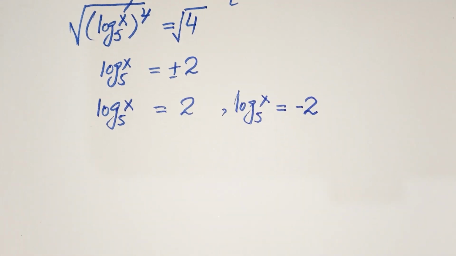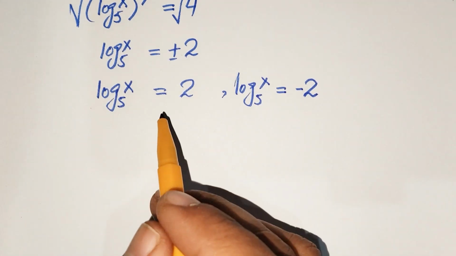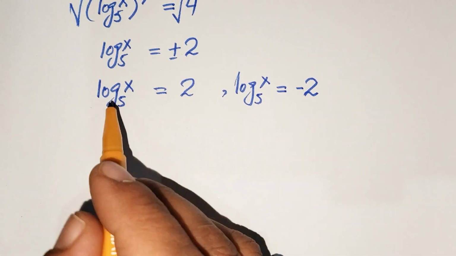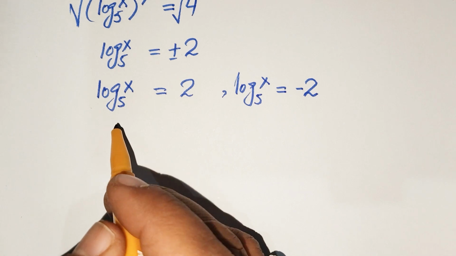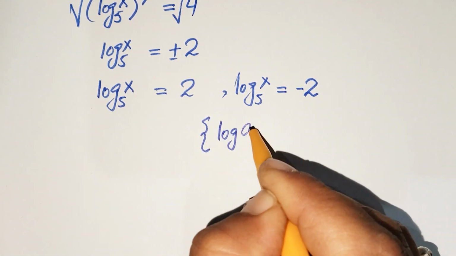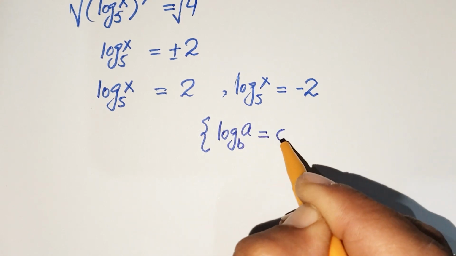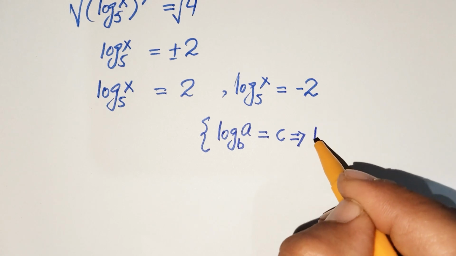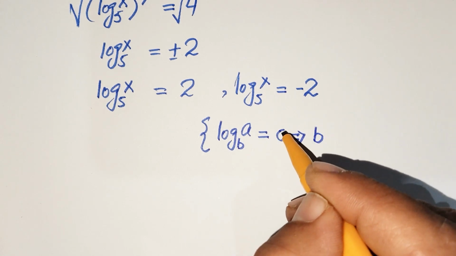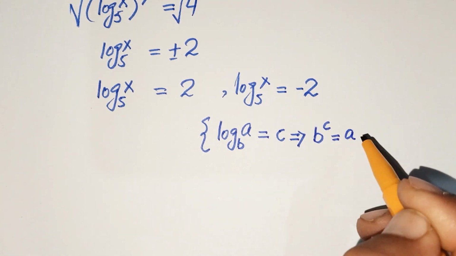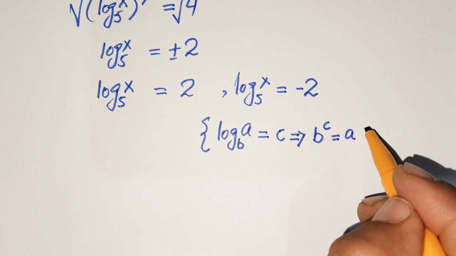So now here we are going to solve this log x with base 5 is equal to 2. So now as we know that by logarithm law, if we have log a with base b is equal to c, then it implies that b raised to the power c is equal to a.